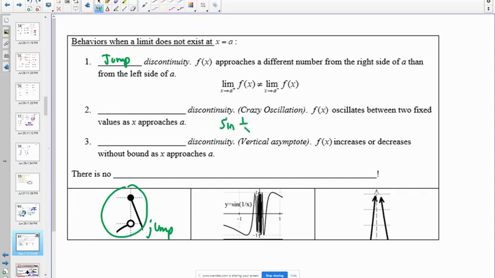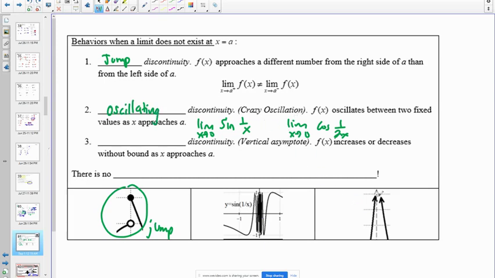If you had the limit as x approaches 0 of a function like cosine of 1 over x, even if you had a coefficient, it wouldn't matter. What happens is, as x approaches 0, the y value can't get decided. It goes crazy, and that's called an oscillating discontinuity, or I call it a crazy oscillation.